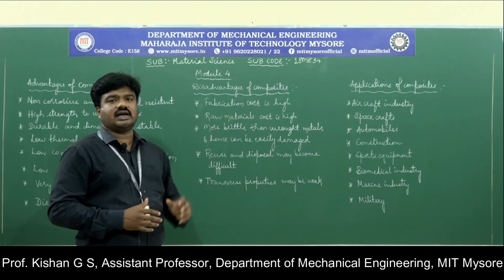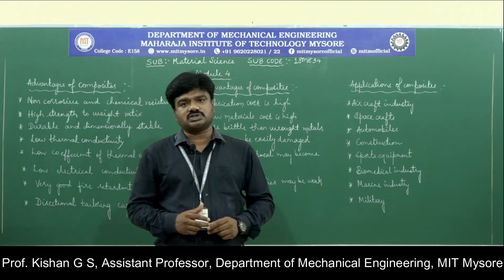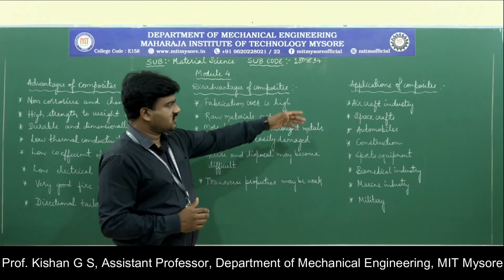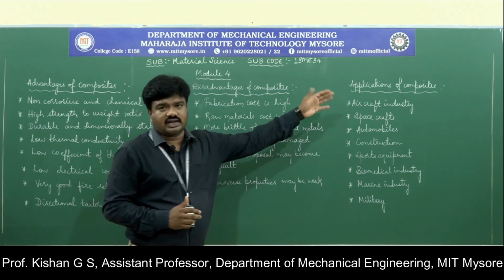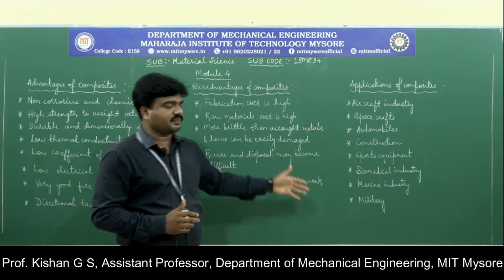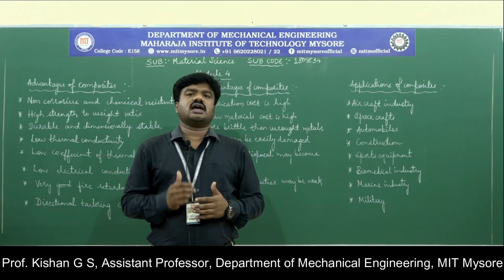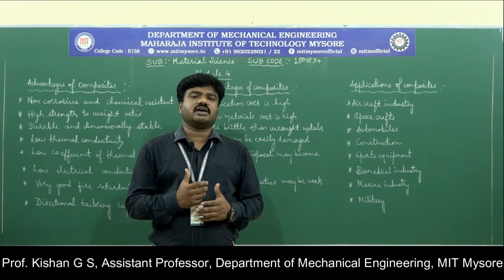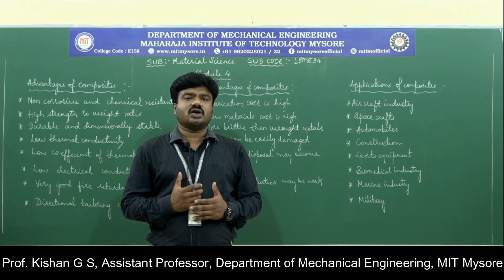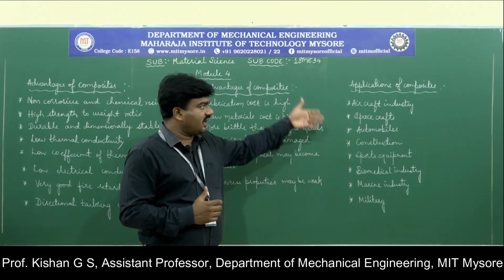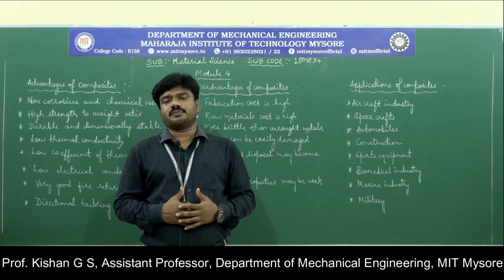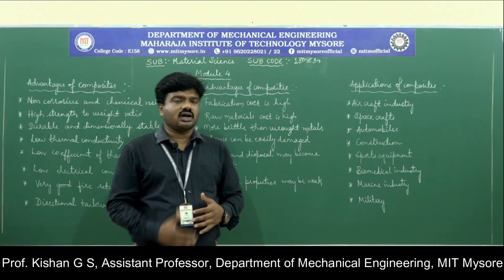Now comes the key area, that is, applications of composite materials. Let us go through the highlighting factors or the areas in which the application of composites is identified. Then we shall look at images that help us understand where, in different areas, composite materials are applied.